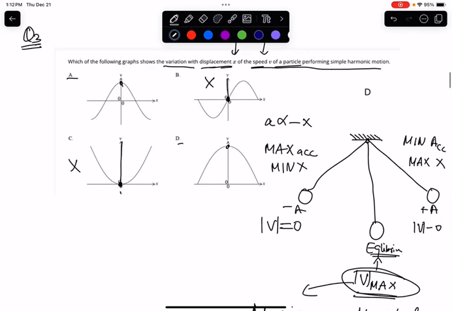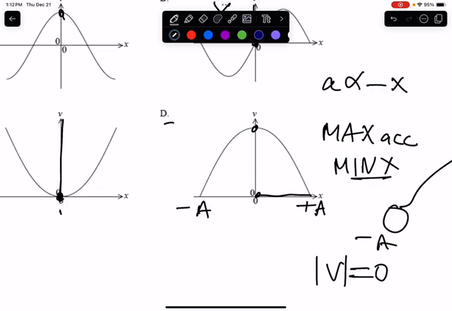But the other thing you have to note is that you would have the maximum x in the positive amplitude, and the minimum x in the negative amplitude. And that's precisely what you see over here.